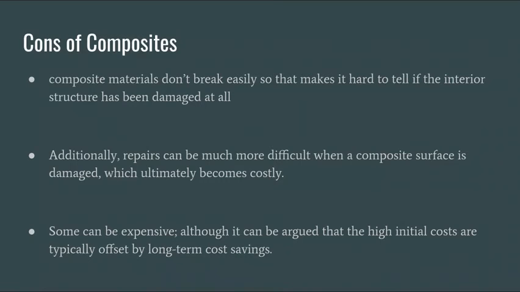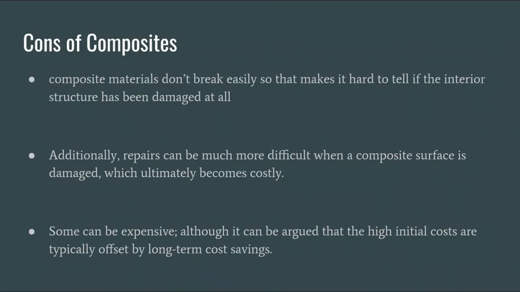And that also brings in the third con. The third and final con that you will need to know is some composites are expensive. Like I said, a lot of the equipment that is needed for composites is expensive, but it can be argued that the high initial costs are typically offset by long-term cost savings.